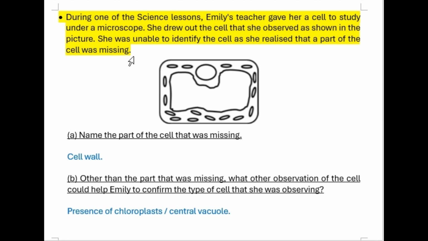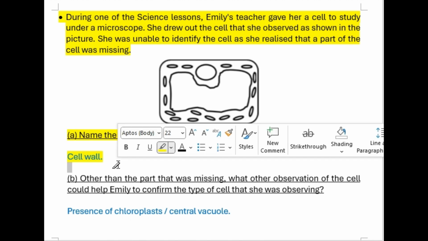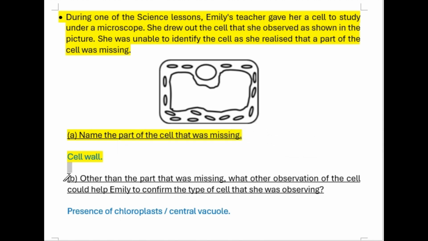A. Name the part of the cell that was missing. Cell wall. B. Other than the part that was missing, what other observation of the cell could help Emily to confirm the type of cell that she was observing? Presence of chloroplasts/central vacuole.